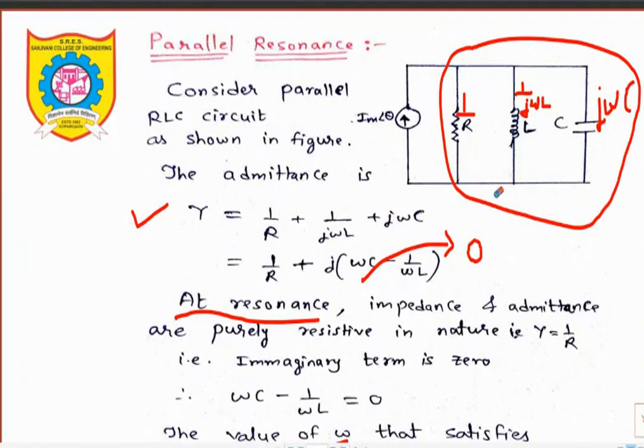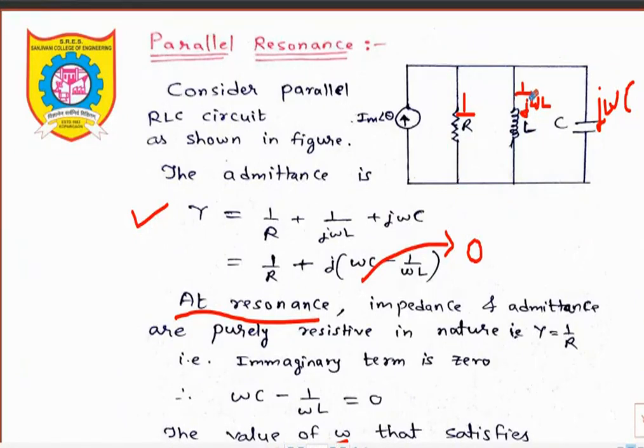Because if the parallel combination of L and C were acting as a short circuit, then 1 by R would be in parallel with a short circuit. So the overall impedance becomes 0 and the admittance becomes infinite. So this is not acting as a short circuit. This will act as an open circuit, so the admittance will be simply 1 upon R.